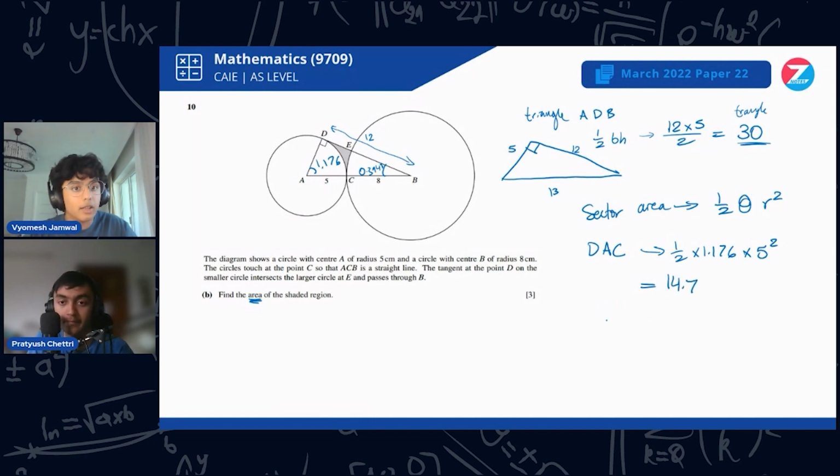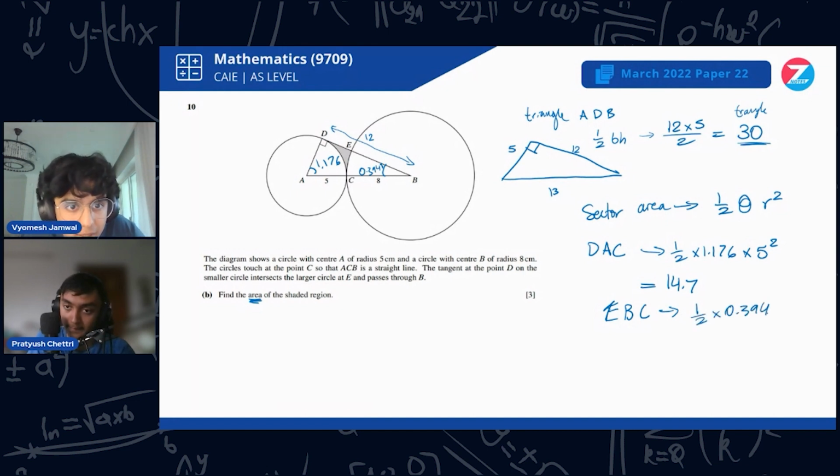And for the sector area of EBC, it's going to be 1 upon 2 times 0.3948 times 8, that would give us 1.5792. Actually, no, wait. I need to calculate it again. I did not do the square.